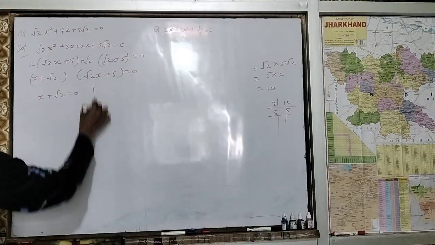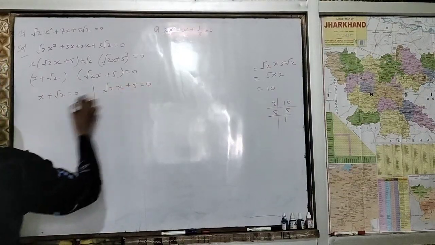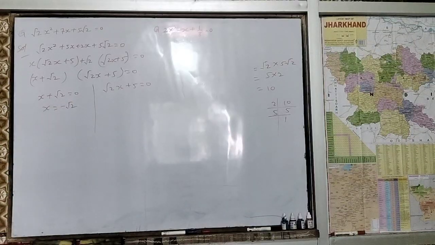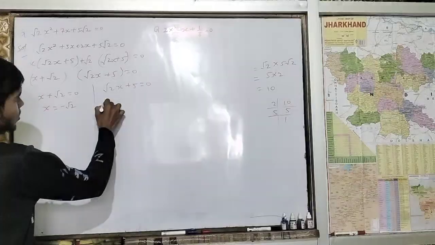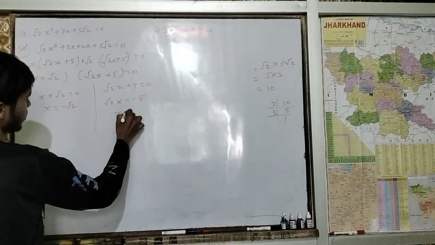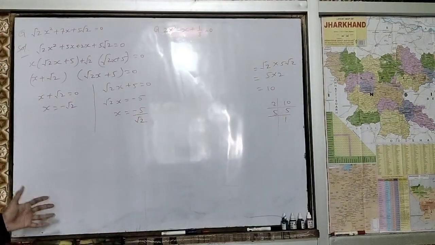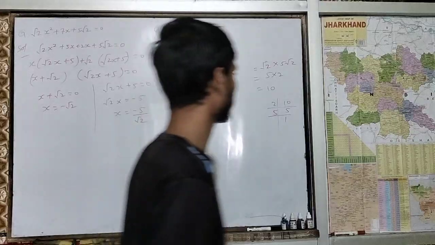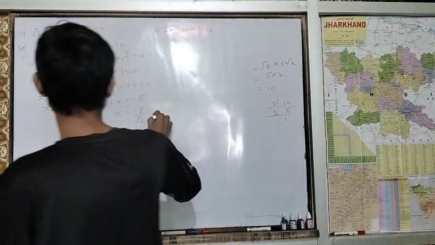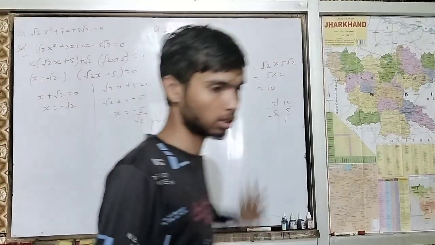This is equal to 0 on this side, and on this side this is equal to 0. It is giving you minus root of 2, and this is giving you minus 5 upon root 2. So x came as minus root of 2, and second, minus 5 upon root of 2. This is your final. Now what about this question?